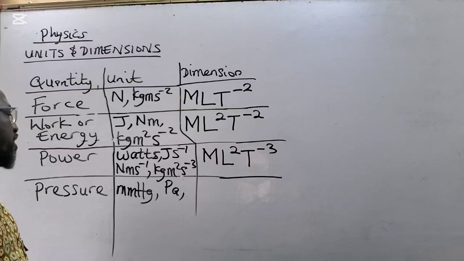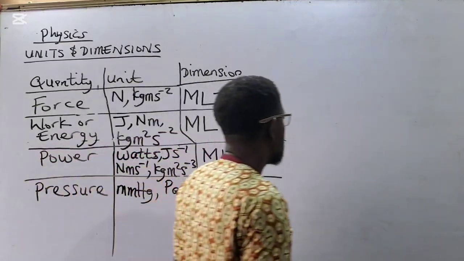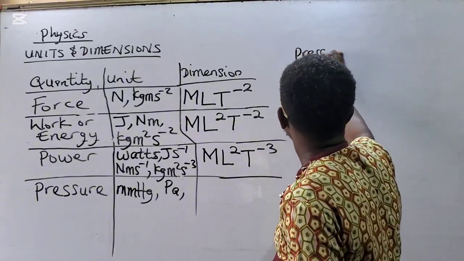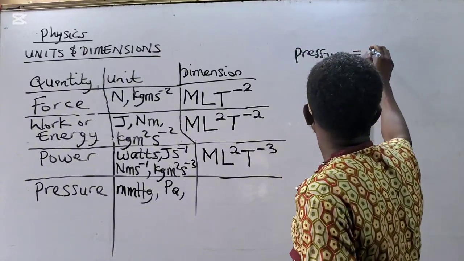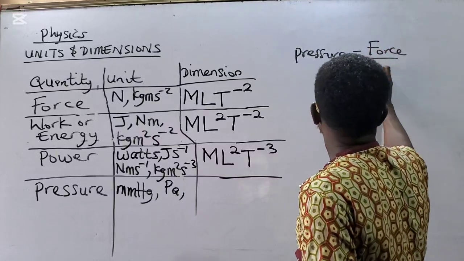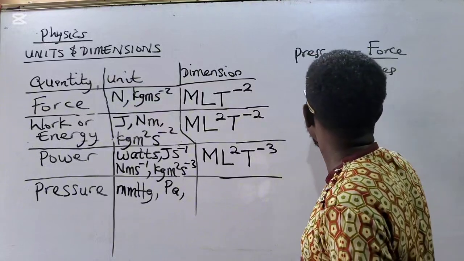Now we need to get the equivalent unit to this. Pressure is the ratio of force to area.